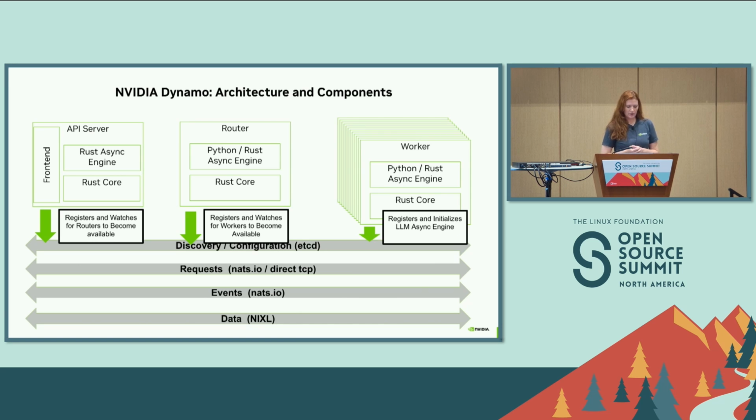So what's happening under the hood? When you want to start and deploy your graph, all the components need to register themselves in the discovery plane, and we use etcd for that. The API server registers itself in etcd and watches for the routers and workers to come up. The router, same, registers itself and watches for the workers.